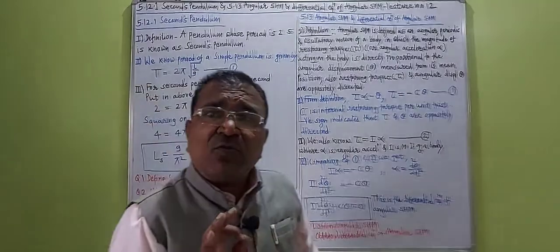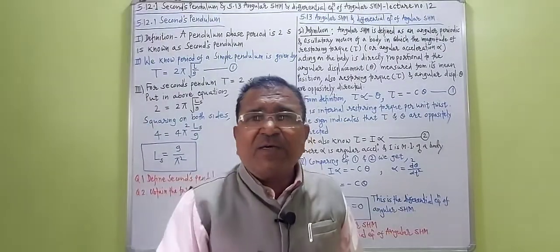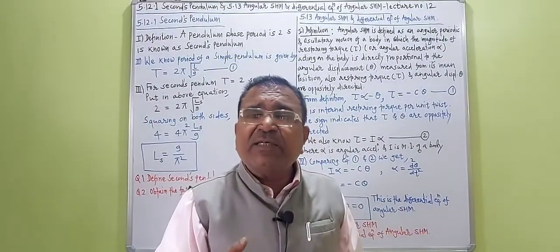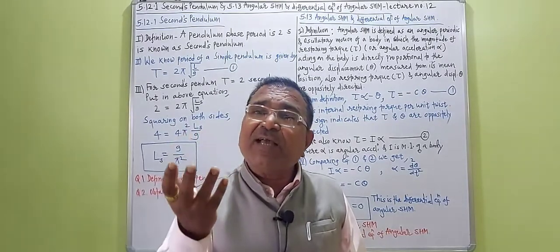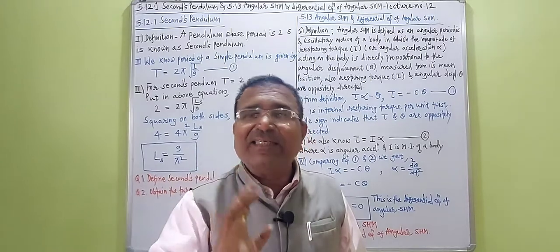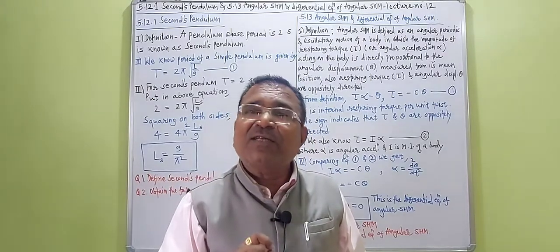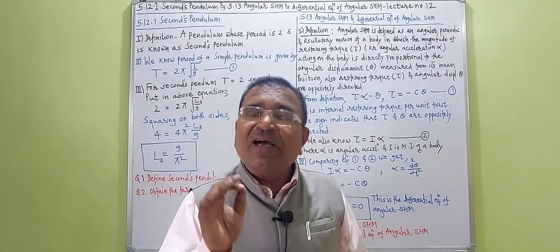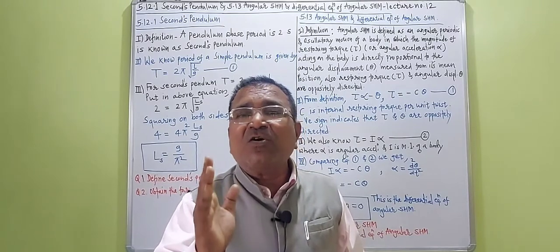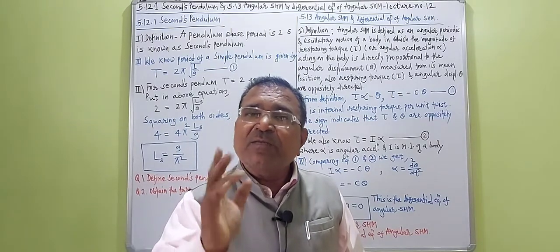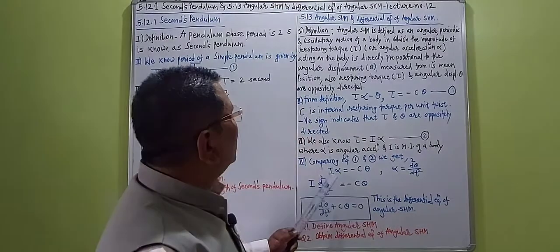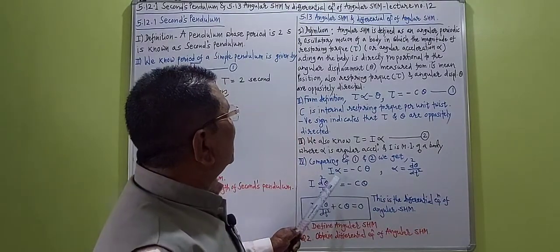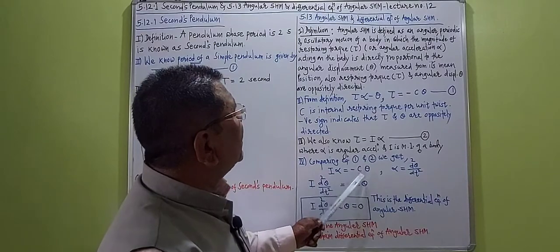Then we also know tau is equal to I alpha. That we have learned in rotational dynamics, where alpha is called angular acceleration, and I is called the moment of inertia of a rotating body about a particular axis. By putting tau equal to I alpha, we get I alpha is equal to minus c theta.